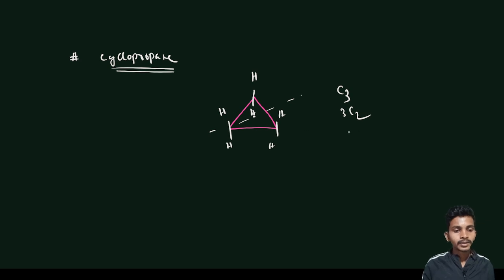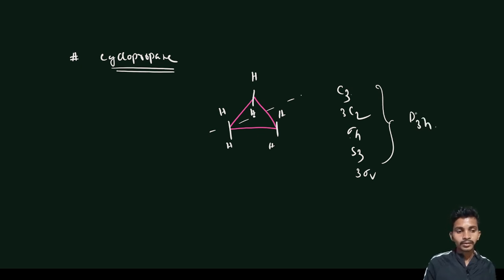Sigma h is present, and since C3 and sigma h are there, then S3 is there, and obviously 3 sigma v is also there. So this point group is the D3h point group.